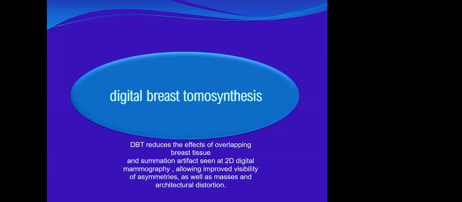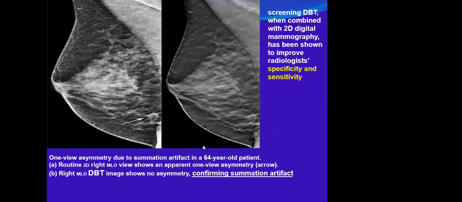As you know, digital breast tomosynthesis has recently been incorporated and proven very helpful, improving both sensitivity as well as specificity. It improves the visibility of asymmetries and their characterization. Okay? And it demonstrates if it is associated with an underlying mass or architectural distortion and so on.